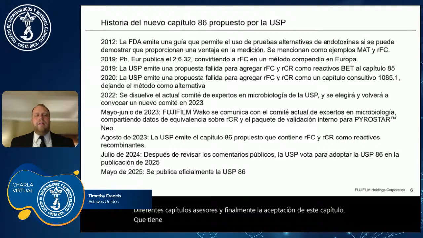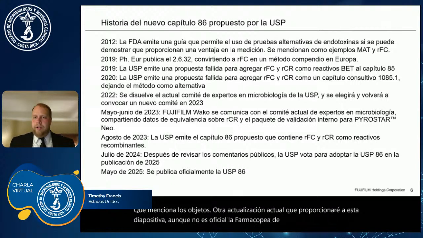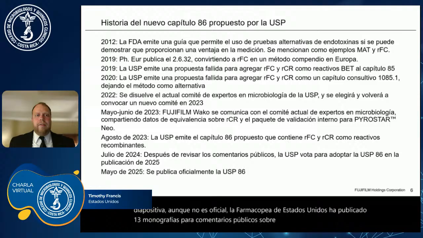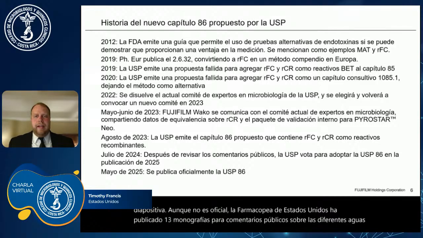items. One other current update I'll provide to this slide, although it's not official: the United States Pharmacopoeia has released 13 monographs for public comment on the different waters that require the bacterial endotoxin test.